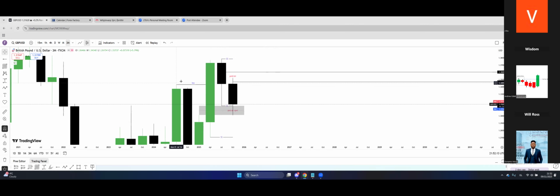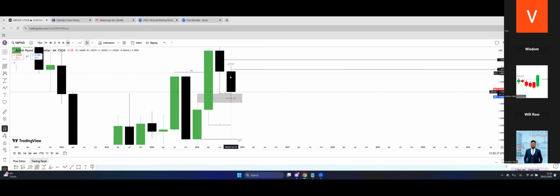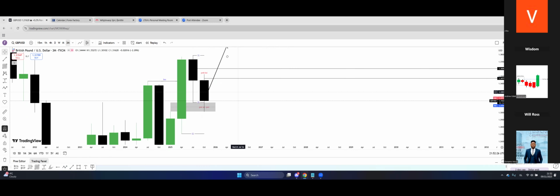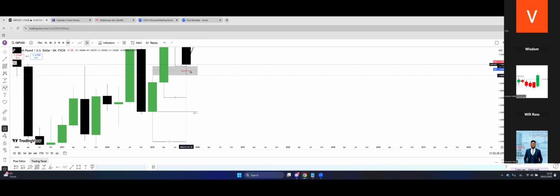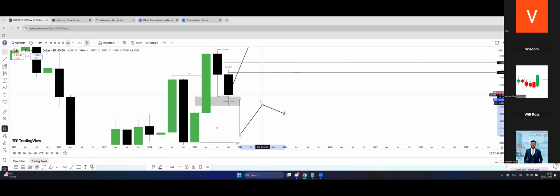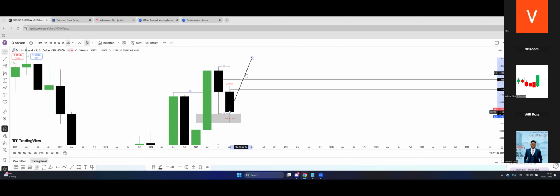At the time price took out this liquidity, price had a choice to come into this inefficiency to either continue going higher all the way here or continue going down to seek more liquidity. Those are the 2 things the market can do, but it can do either of these.